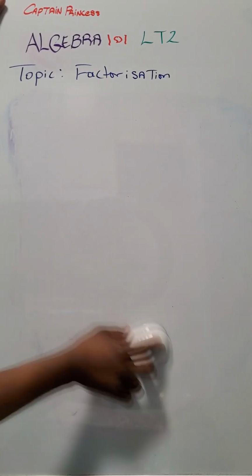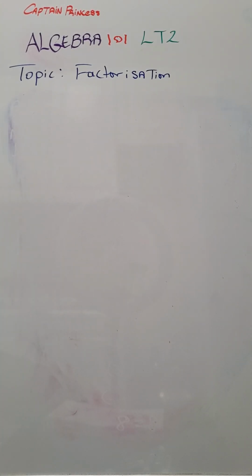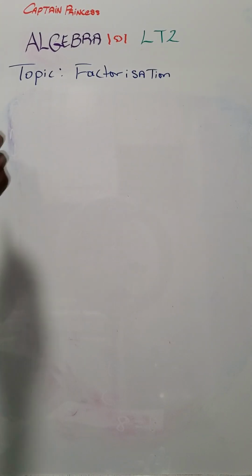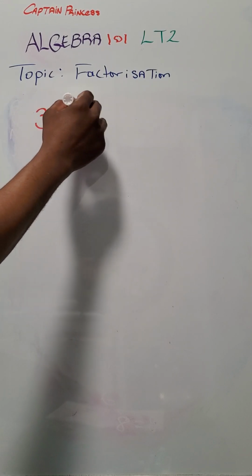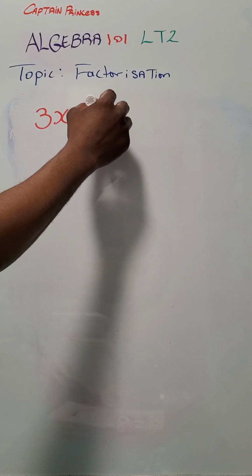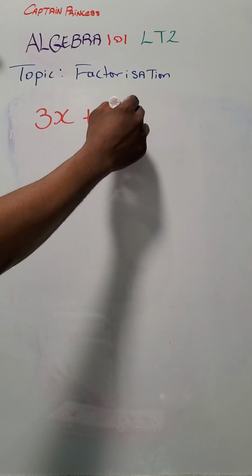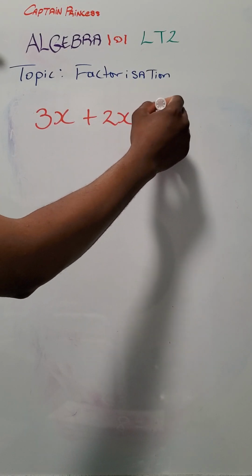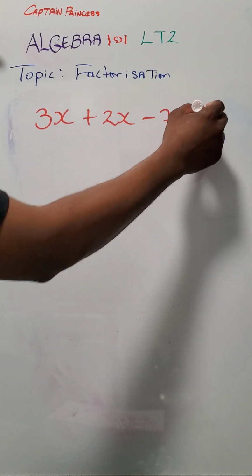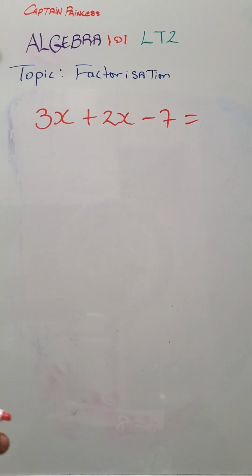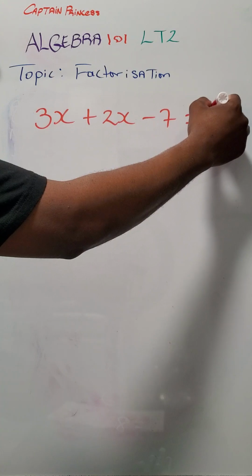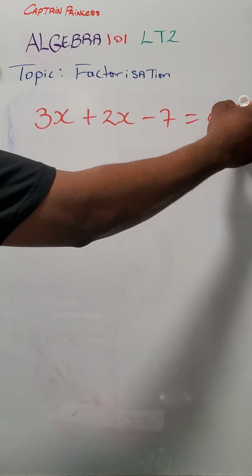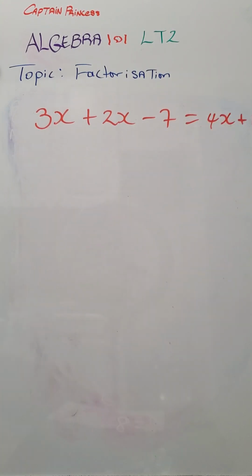Now, what if you were to get an equation of this form? Look, 3x plus 2x minus 7 equal, I'm just writing some random number, 4x plus 10, right?